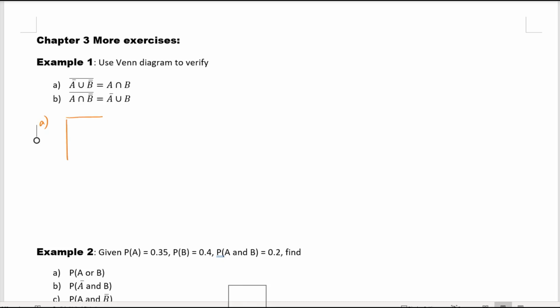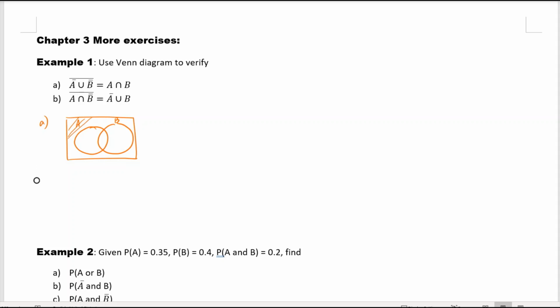So we draw the Venn diagram and we have A and B. First, let's look at A complement union B complement.